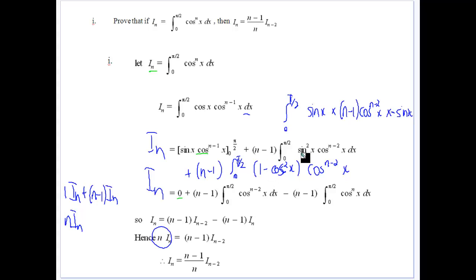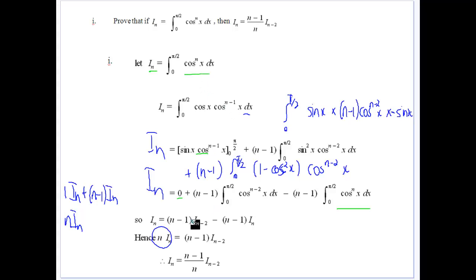We change from sine squared x to 1 minus cos squared x. And then we can expand that bracket. We get the n minus 1 between 0 and pi on 2 of cos of n minus 2 x, and also the n minus 1, because it's cos squared, cos n minus 2, we get cos x to the power of n. Now, hopefully we're looking and going, well, wait on, that's what we started with.